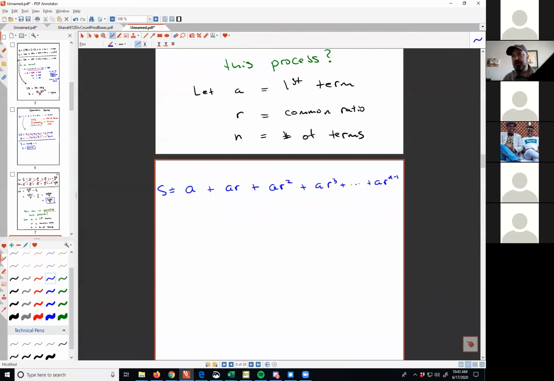And then what is our next step after that? Find the obstacle. Okay, somebody was about to say multiply, and this is how we're going to get around the obstacle. Multiply by R, yeah, by R.